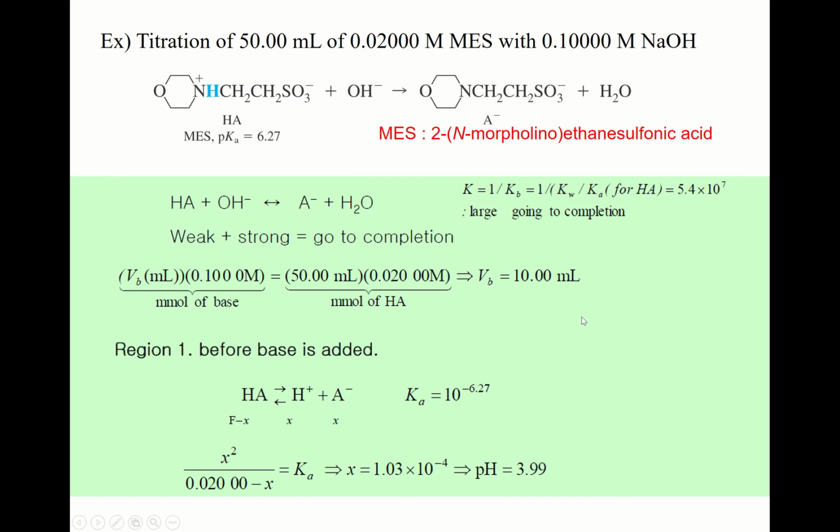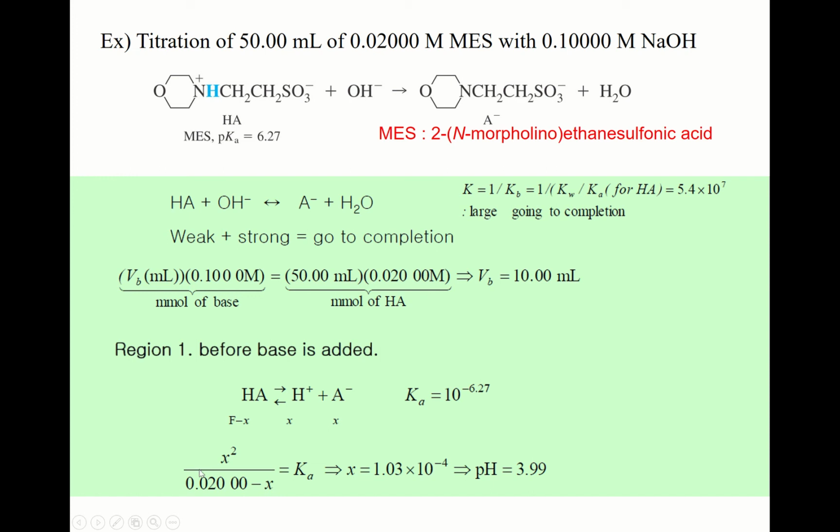Now let's start to calculate the pH for four regions. The first region is the initial pH, before base is added. We write this dissociation, and this dissociates by x.